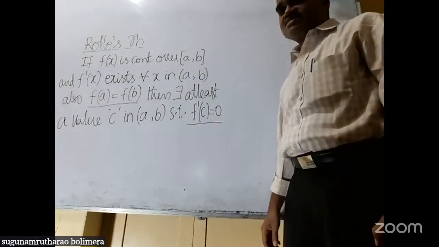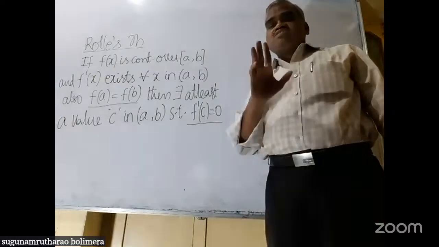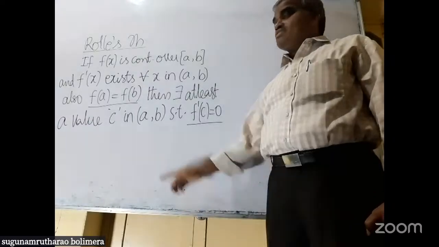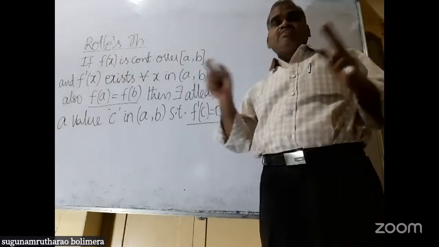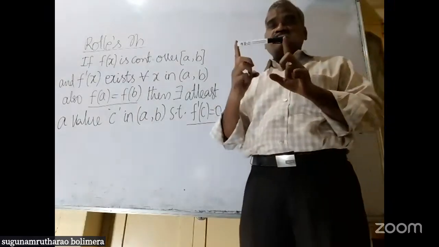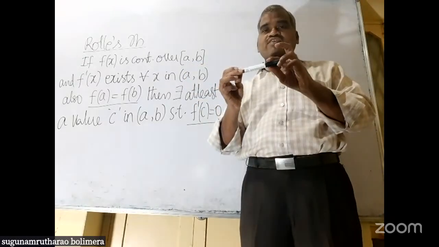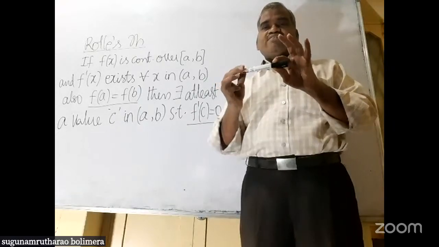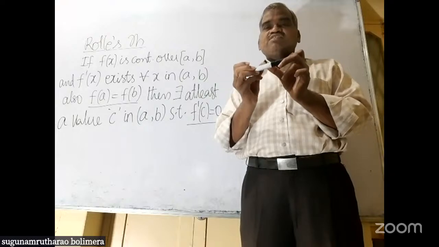And f dash of x exists means it is differentiable. One dash means first derivative, differentiable once. The derivative of the function exists in between a and b, not at the endpoints, but in between them you can differentiate it. So it is differentiable not at b and not at a, but between them it is purely differentiable.